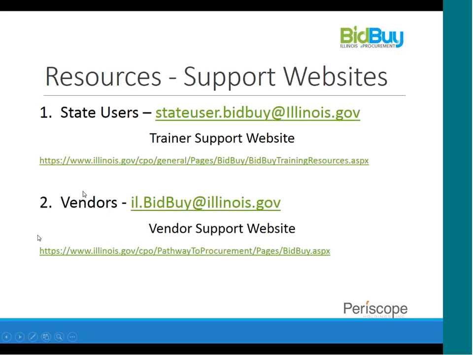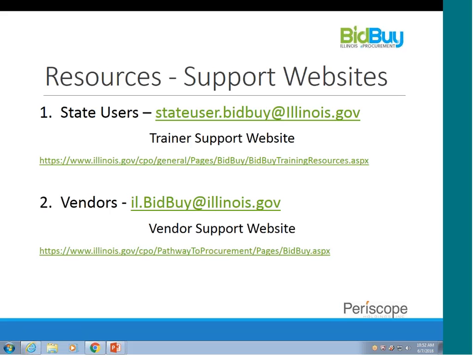Okay, and as always, here are all the links that we have to our help desk, to our support websites, and then always just a reminder that when you are looking for training materials, always go out and get the latest and greatest. We make regular updates to materials, and in most cases, they are minor updates.